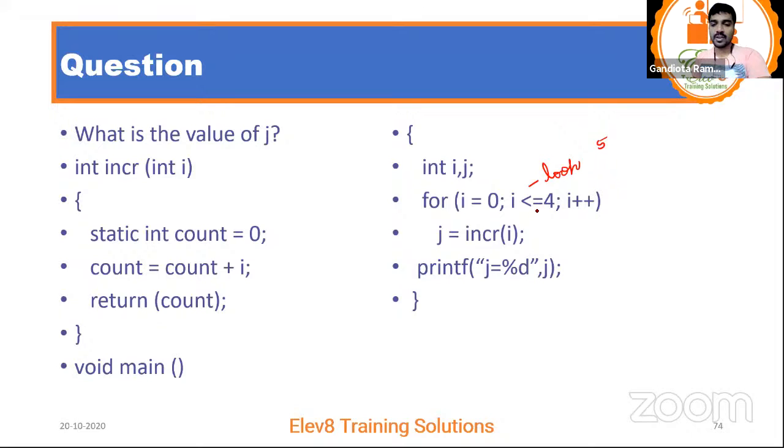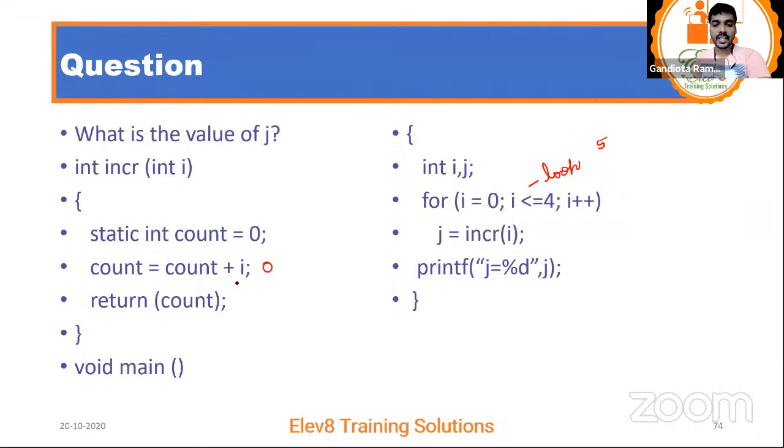So this function will be called 5 times. The first time it is called, i equal to 0. Starting count equal to 0, then count equal to count plus i, so at first the count value is 0.